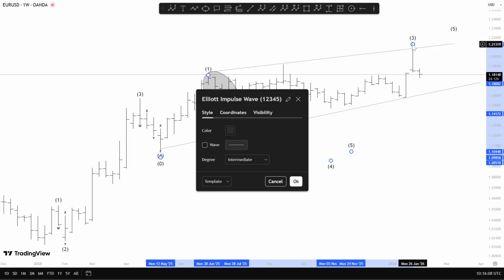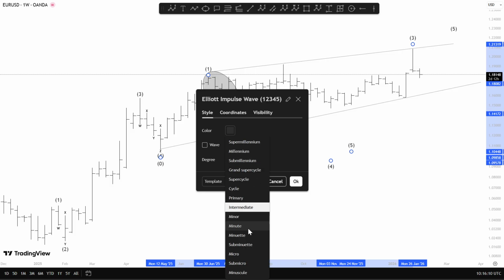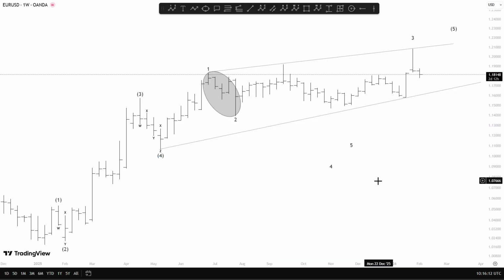Alright? The subwave of this diagonal is in 3.